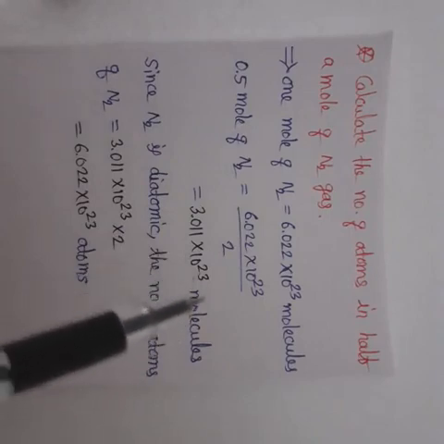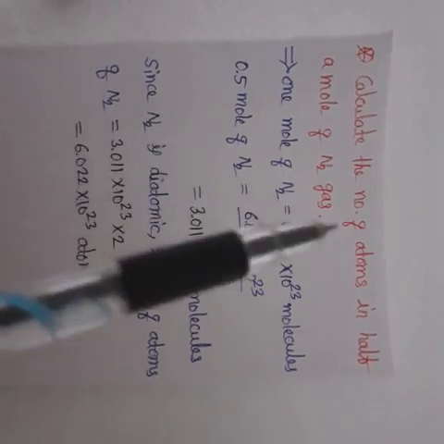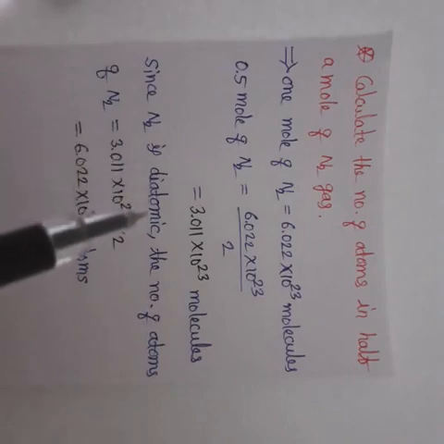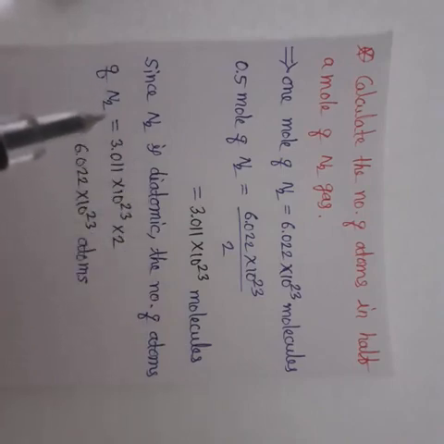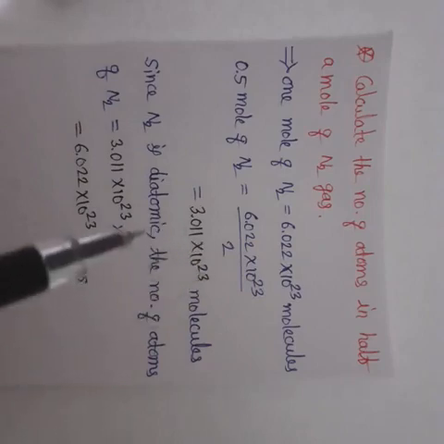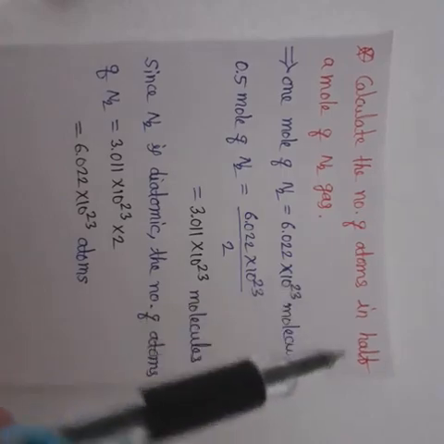But here we need to calculate the number of atoms. Since nitrogen is diatomic, the number of molecules should be multiplied by 2. Then it gives 6.022 into 10 to the power 23 atoms. This is the number of atoms present in half a mole of nitrogen gas.